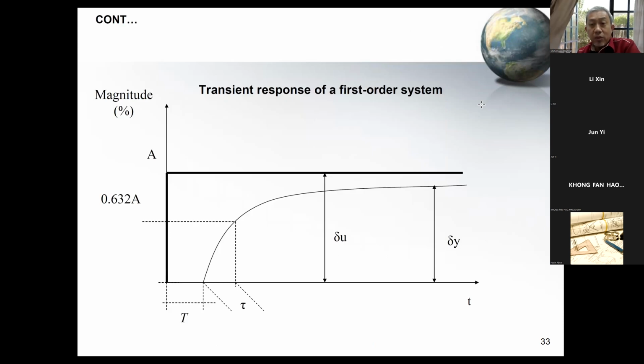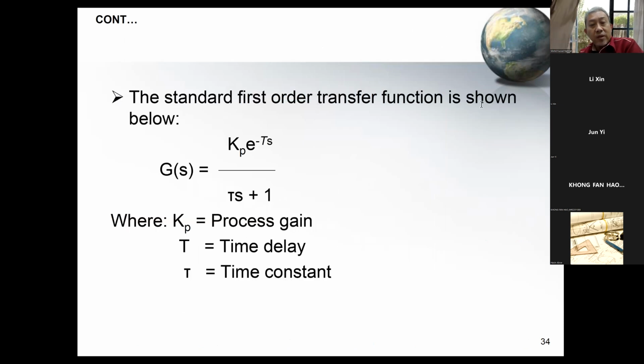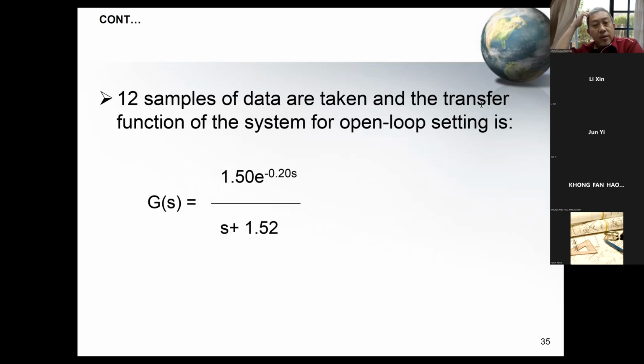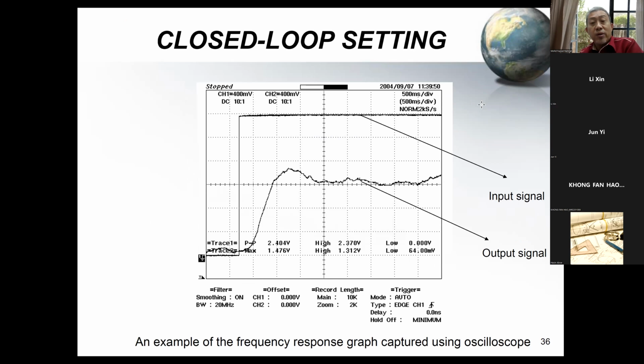Usually the time response is based on the time constant, 63% of the final value for a first order system. But when we configured the closed loop setting, it is a second order system, so you can see that the response is shown as an underdamped response.